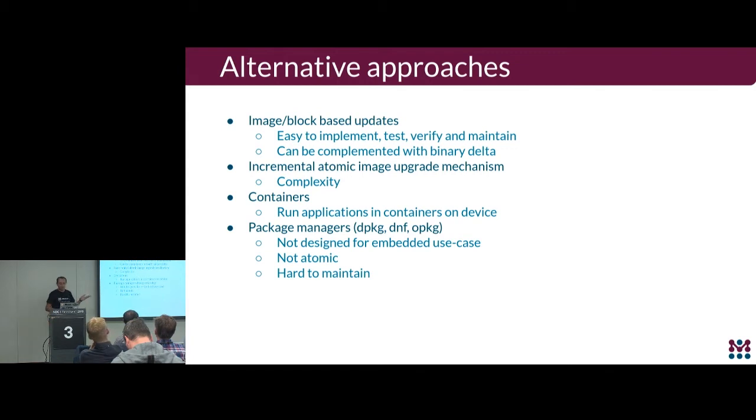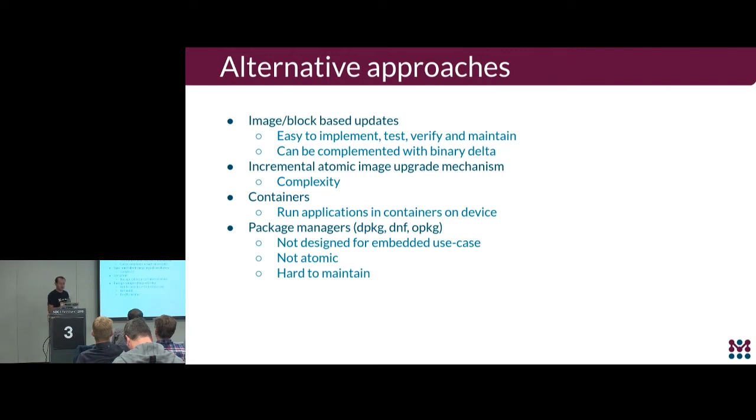And there are some accepted practices or common ways to do it. One of the easiest ones, and one that has been proven to work at large scale, like in the Android example, is something called image-based or block-based updates.